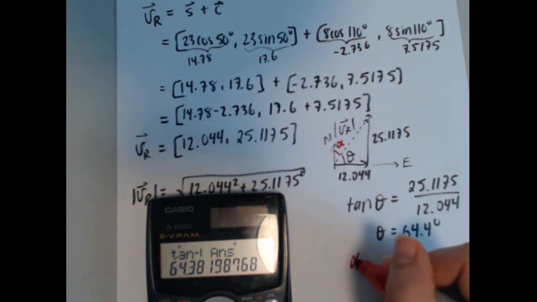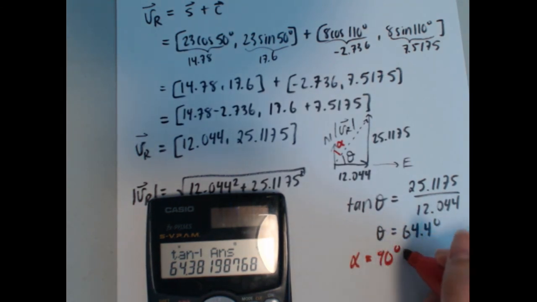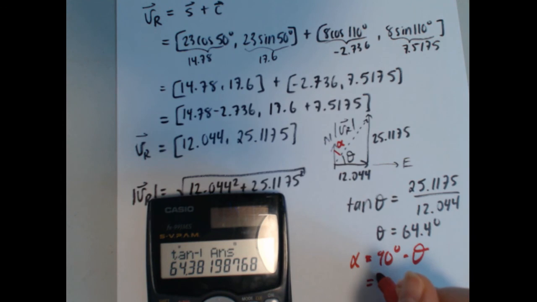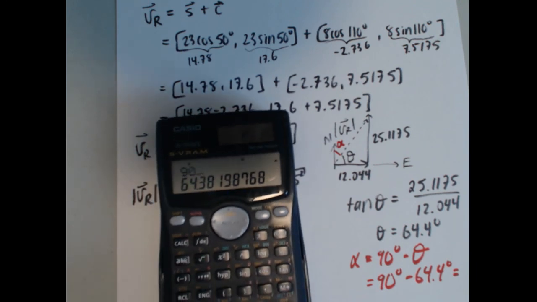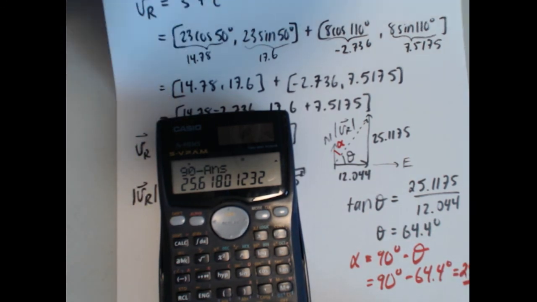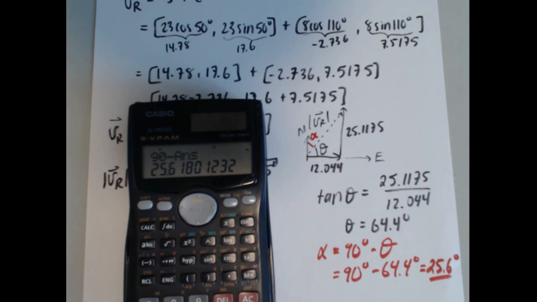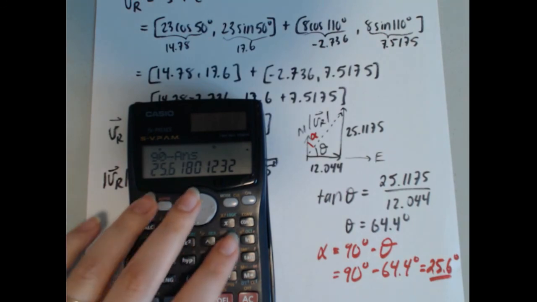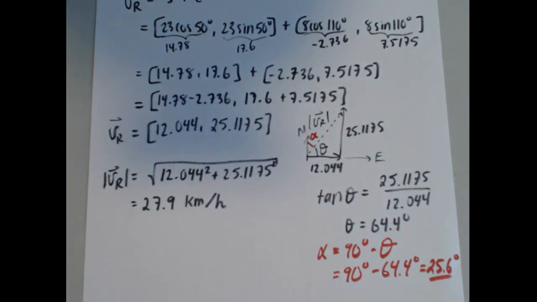Okay, and alpha is going to be 90 degrees minus theta. So 90 degrees minus 64.4 degrees, which is 25.6 degrees. So that means that's from north, 25.6 degrees toward the east.